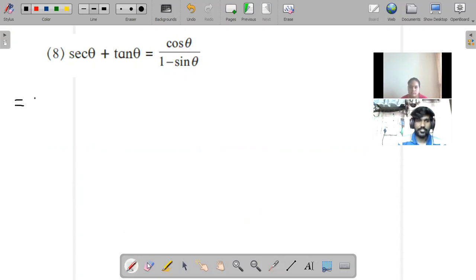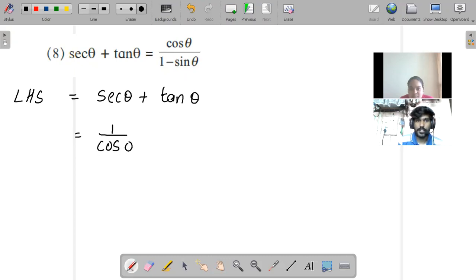So let's use the same way. We'll use the LHS. So LHS, sec theta plus tan theta. Use the reciprocal formula. We know the reciprocal of sec theta is cos. So here you write 1 upon cos theta.